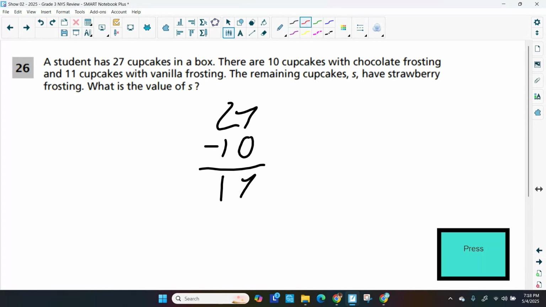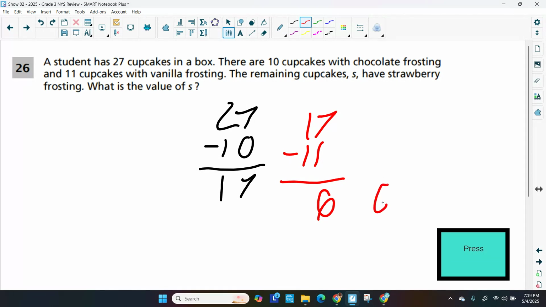But it's not over because they said that they had 11, and they need to know the remaining S of the strawberries. So 17 minus 11 would equal 6.